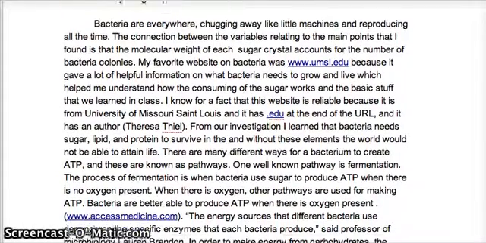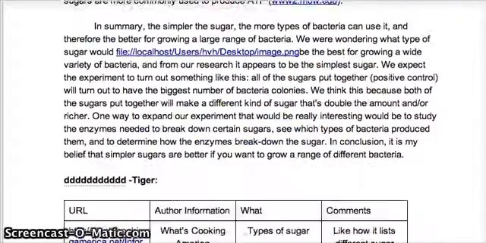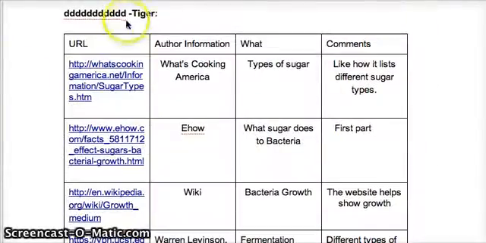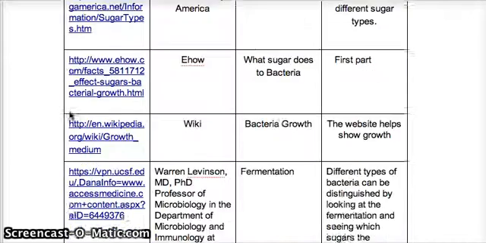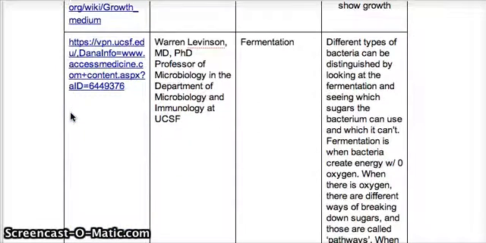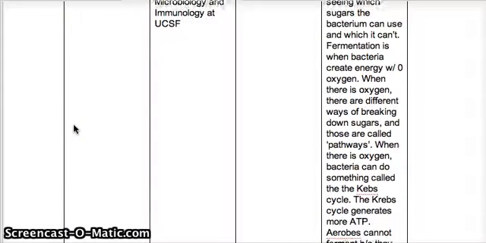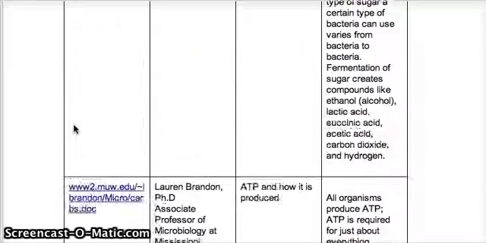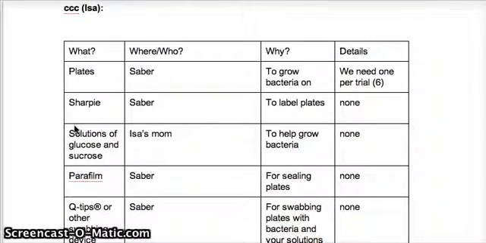And you might see websites at the end, and these are from the bibliography. We just added all the websites that we got information from, and I combined them. And here is the material section.